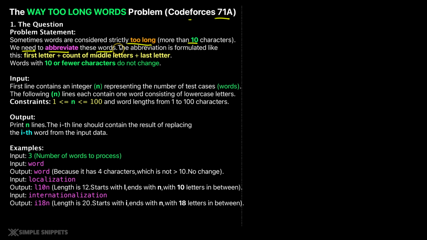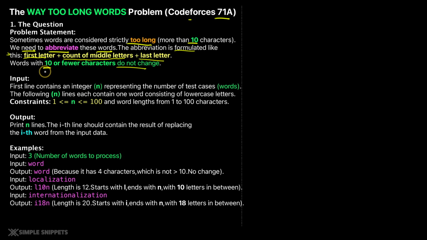There is a formula given in this problem: the abbreviation is formed from the first letter, the count of the middle letters, and the last letter. This is very important to keep in mind, because it is the basis of the output that we get. Words with 10 or fewer characters do not change. This is one more criterion.